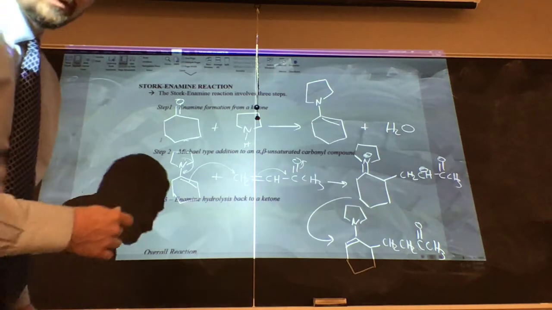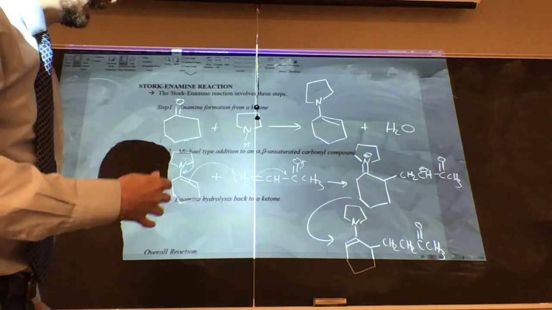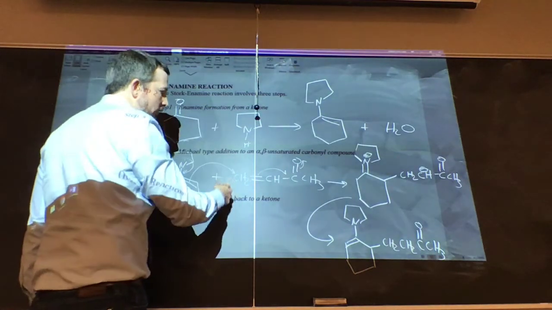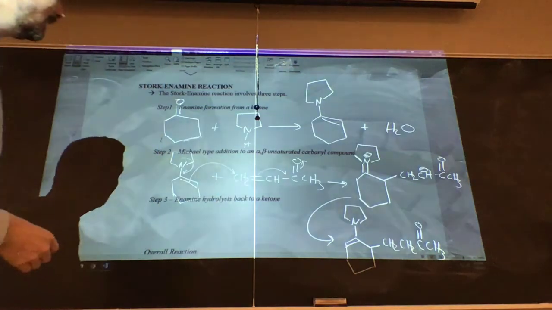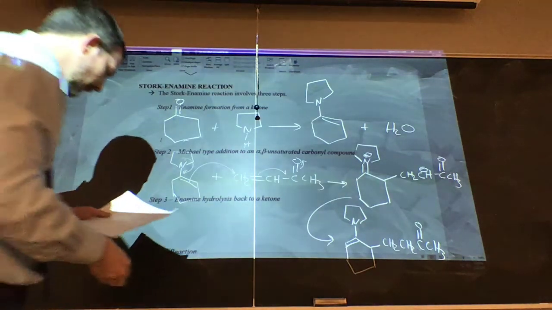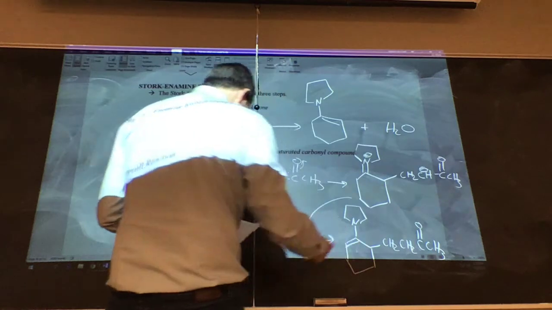So you've added to the alpha position of the carbonyl you started off with, and you underwent a Michael reaction. Then you have enamine hydrolysis back to your ketone. So you hydrolyze this part now.